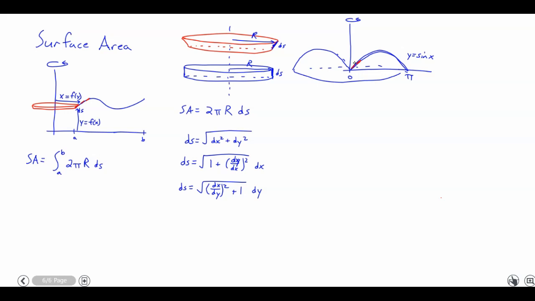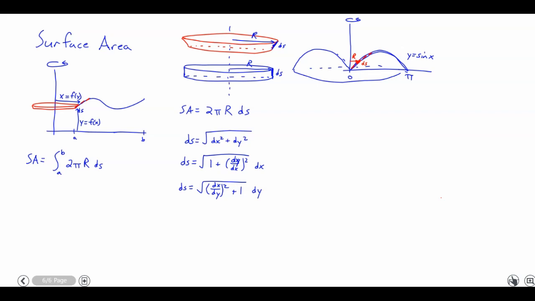So these little segments that we have on our curve are going to get rotated around. Need to find the surface area of those. So if I take this little segment right here, what is this distance right here? That's my r. And then what is the ds that I get for that length? So I need both of those, the r and the ds.